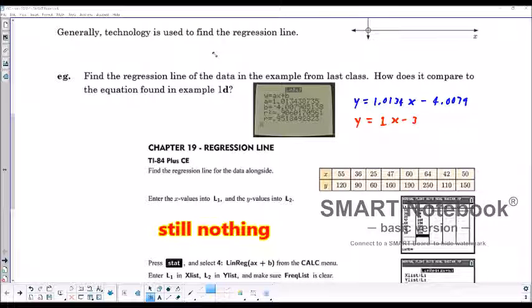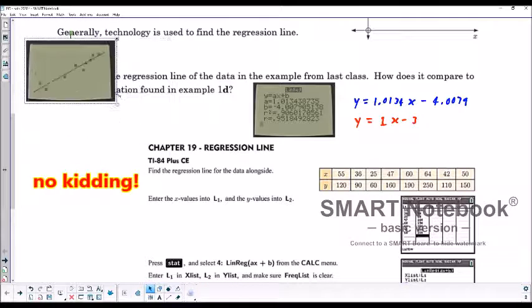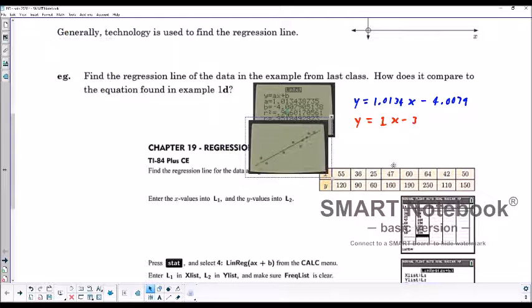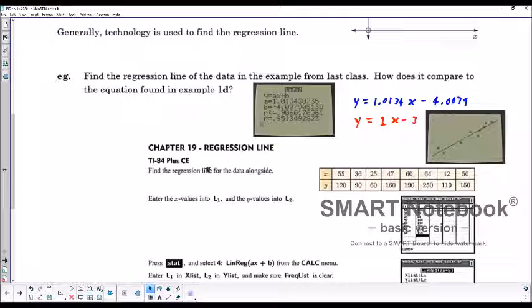I'll take a little snip of that. Sorry, you couldn't see any of that stuff that I was doing, but here is the scatter plot and the line of best fit, according to the TI-84.